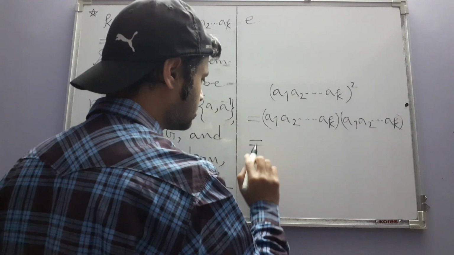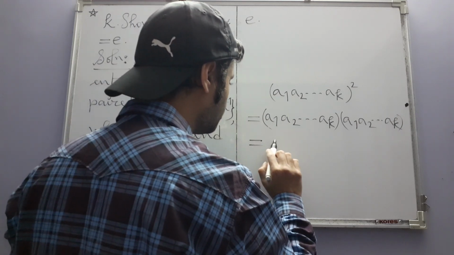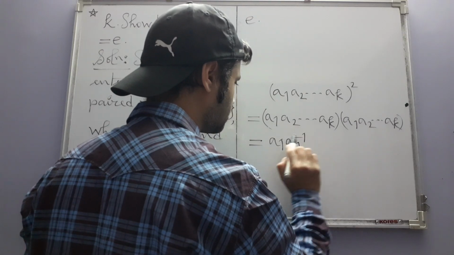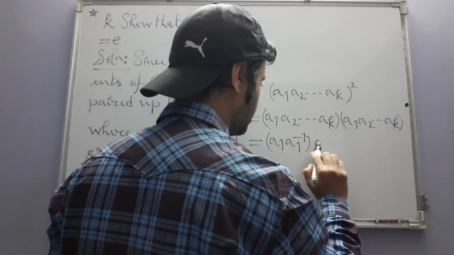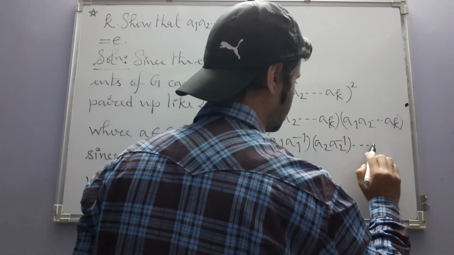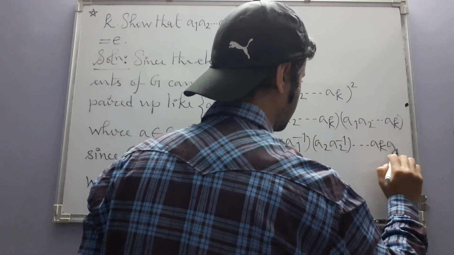So this thing will look like this: A1 inverse, A2 inverse, AK inverse.